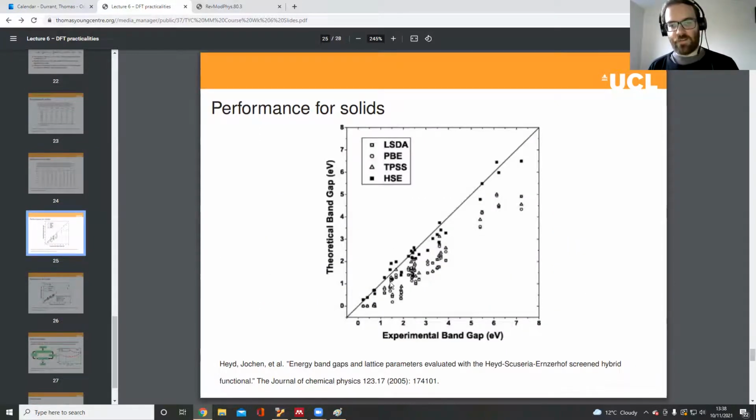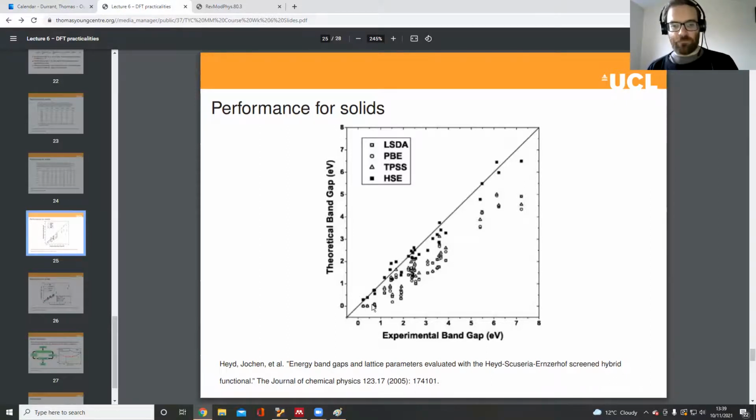One thing that hybrid functionals are much improved over local functionals is the description of the band gap. Those tables were before about physical properties. The main reason that hybrid functionals get used so much is they really do improve the comparison between theoretical and experimental band gaps. Because in local functionals we have what's called the band gap problem, where the band gaps get systematically underestimated by quite a lot, normally by about a factor of a half.